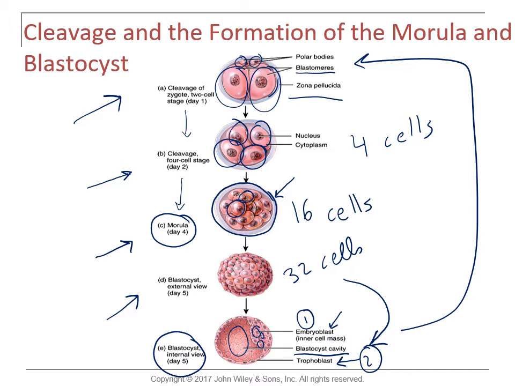As for the trophoblast, it's the outer superficial layer of cells, and they form the sphere-like wall of the blastocyst. And as we said, around the 5th day after fertilization, the blastocyst hatches from the zona pellucida by digesting a hole in it with an enzyme and then squeezing through the hole.